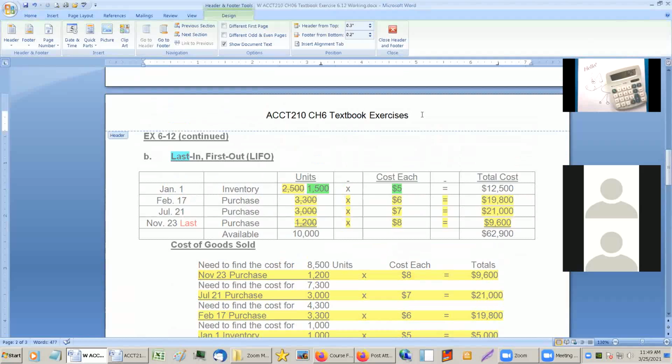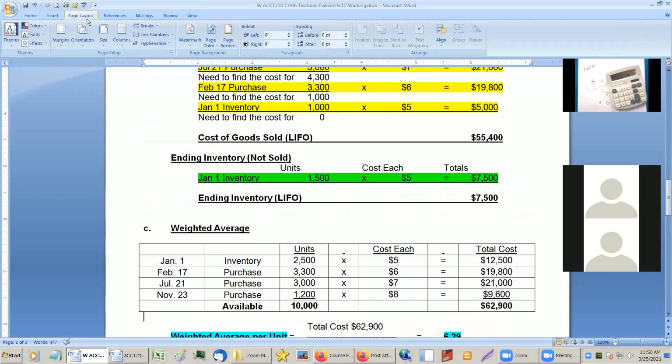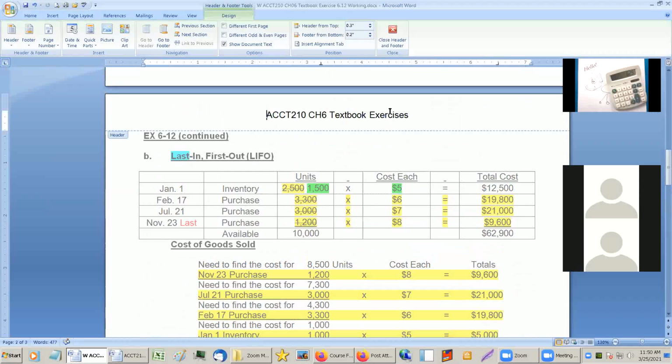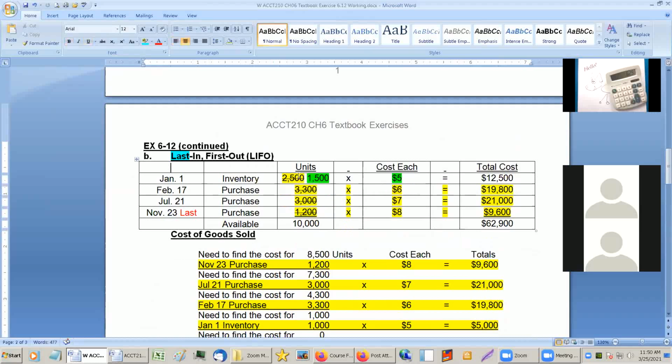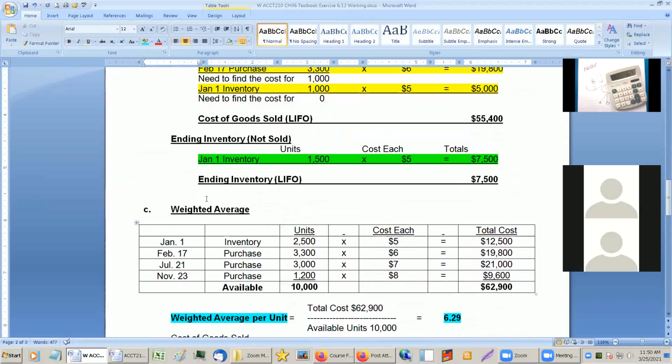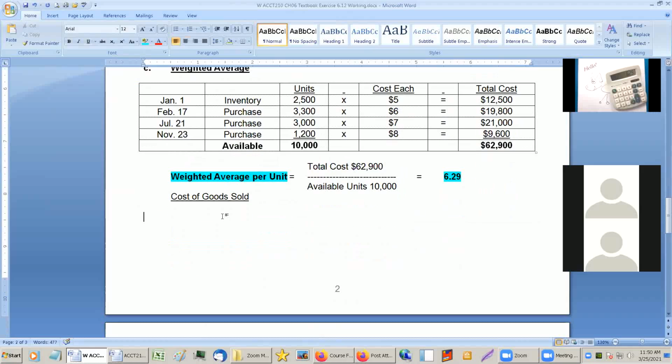Spacing is weird here. Why is my spacing weird? I don't know. We're going to economize space here a little bit so I can fit it on one page. Okay. A nice thing about this one is once you get this number, it's pretty easy.